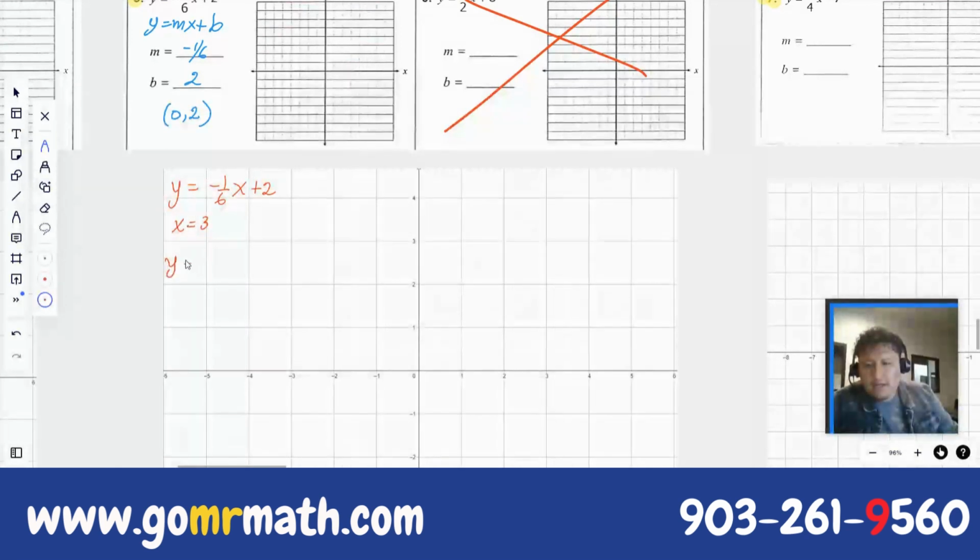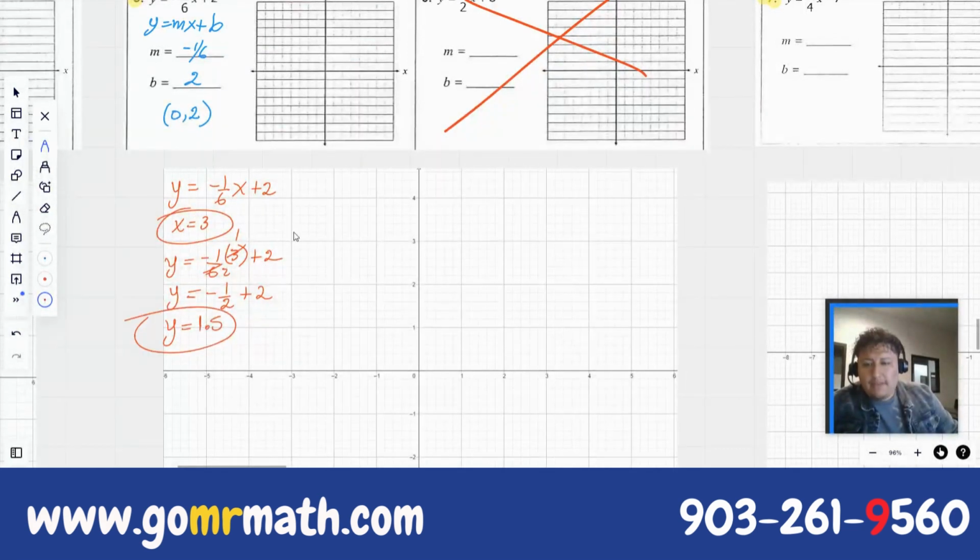Okay, I will have y equals negative 1/6 times 3 plus 2. I simplify here the third, the third, and I have negative 1/2 plus 2. Negative 1/2 plus 2 is basically 1.5. Positive, right? So when x is 3, y is equal to 1.5.